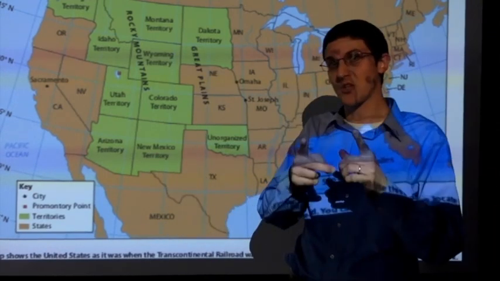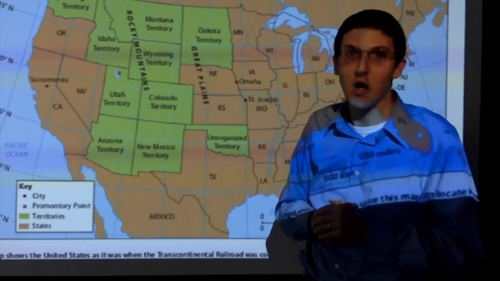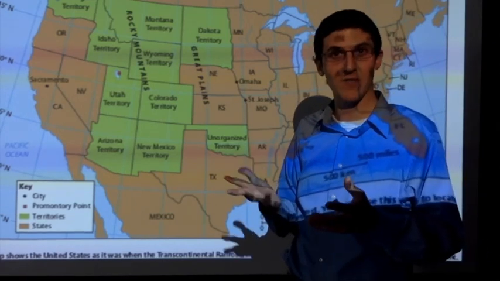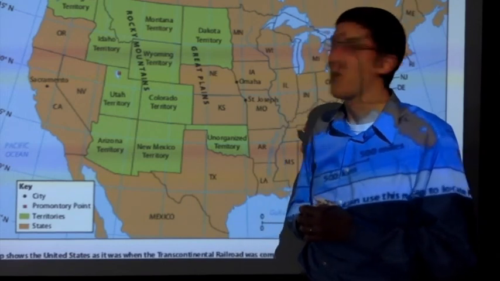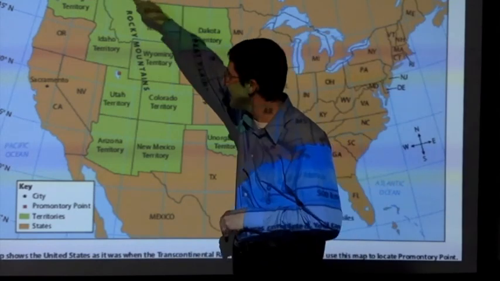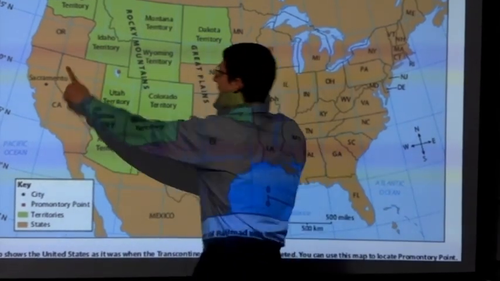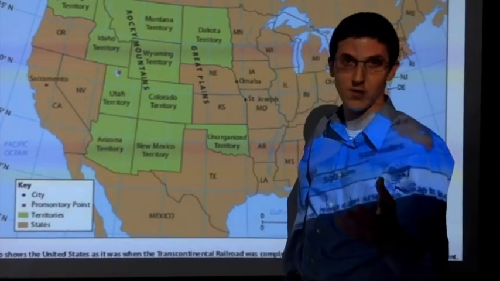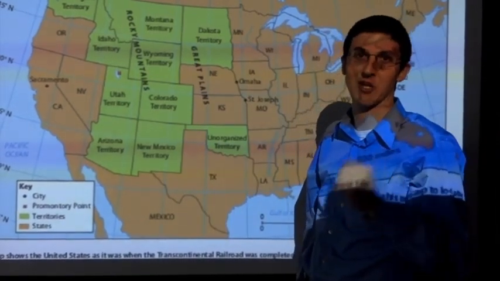So the precise coordinates of Promontory Point are 41 degrees, 38 minutes north, that's the latitude, and 112 degrees, 30 minutes west, longitude. And where the line of latitude and longitude meet forms a coordinate, a specific location on a map.